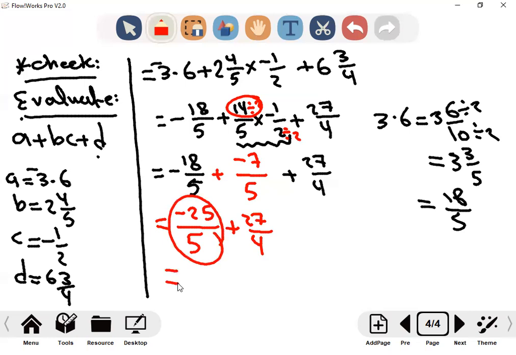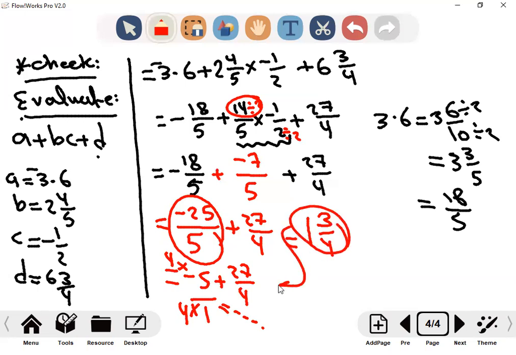Negative 5. Check: divide different signs, negative, 25 divided by 5 is 5. Plus, this is over 1, multiply by 4, then simplify. The answer will be 1 and 3 over 4, the final answer.